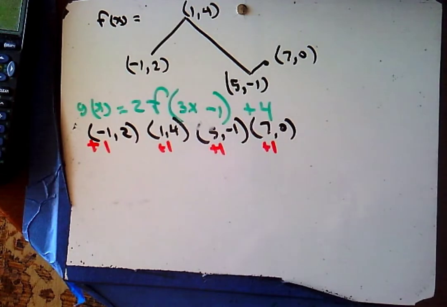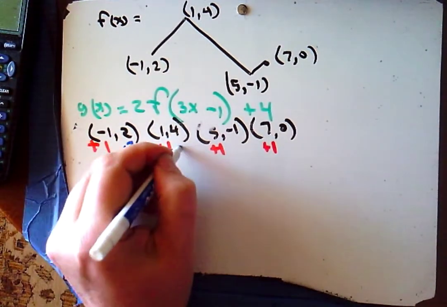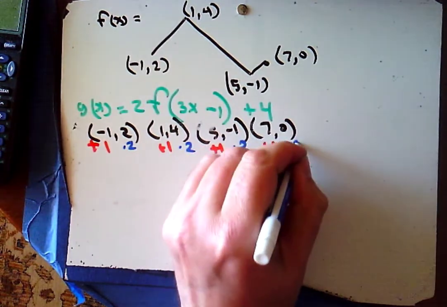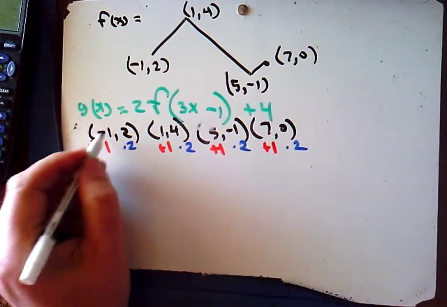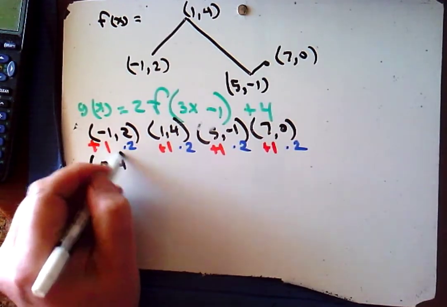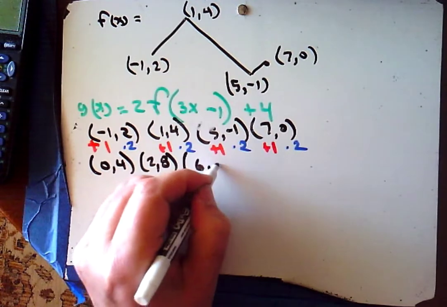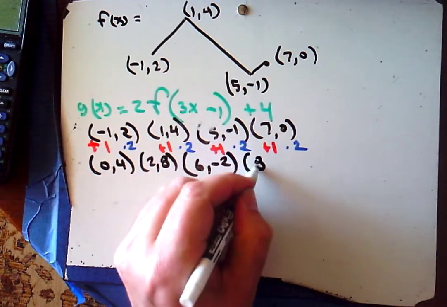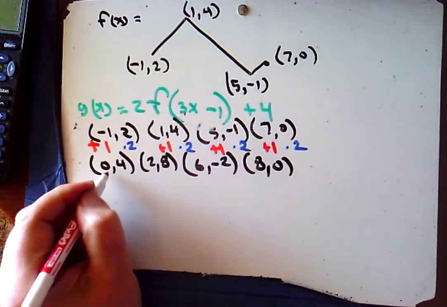So let's start with adding 1 to all the x's and multiplying all the y's by 2. So my new points, or my transitional points, will be (0, 4), (2, 8), (6, -2), (8, 0). We still have to come back and do the other transformations. I need to divide the x's by 3.